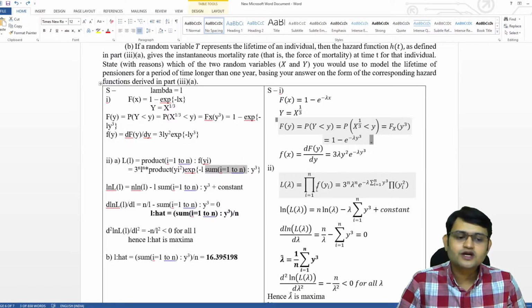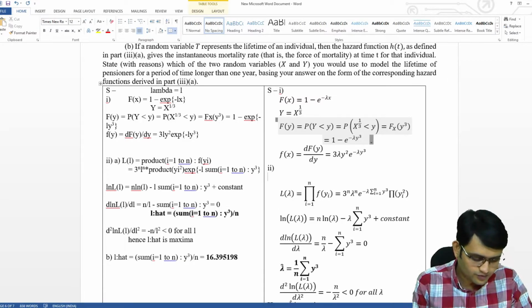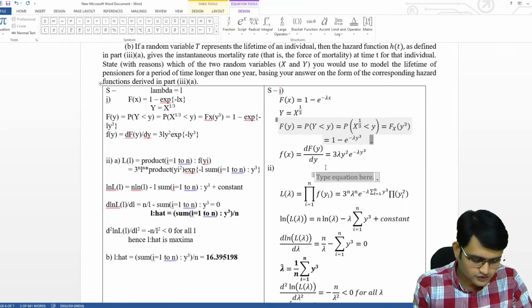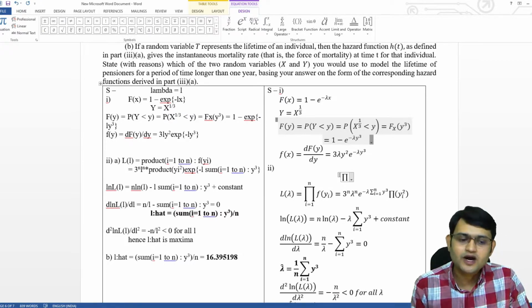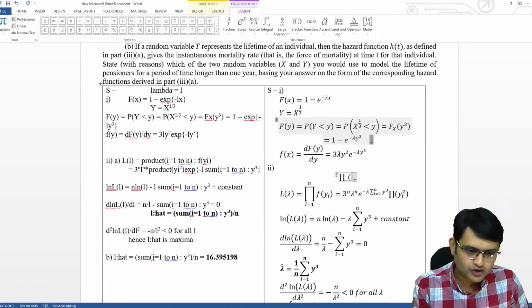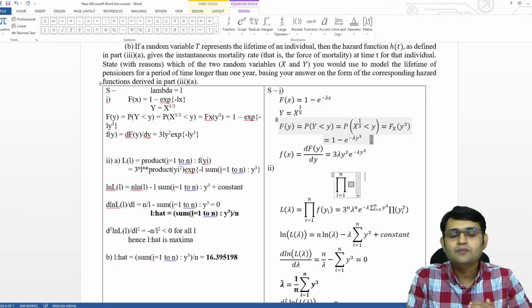But for equation editor it becomes very easy to follow our product and summation, and it takes almost the same time to actually write it. For product we'll use backslash prod, and if I press space you can see I get a pi. If I want to write the limits, for lower limit I'll say underscore, and I want i equals 1, so I'll say bracket i equals 1 bracket close, and then raised to I will have n, and I press enter, you can see I get a bigger pi.